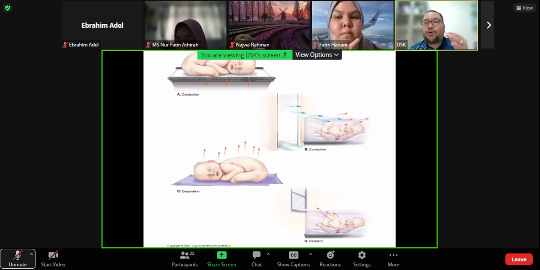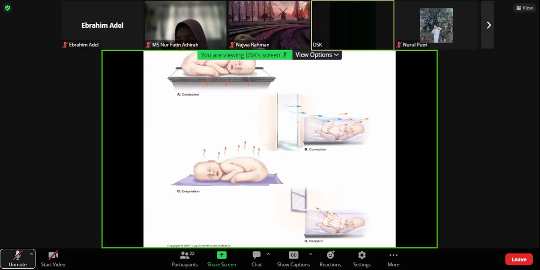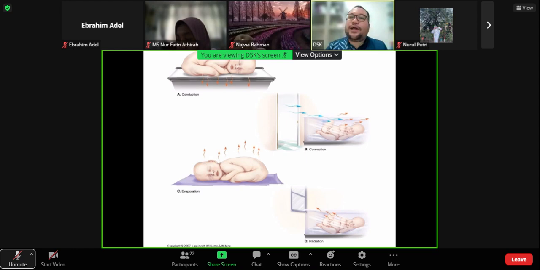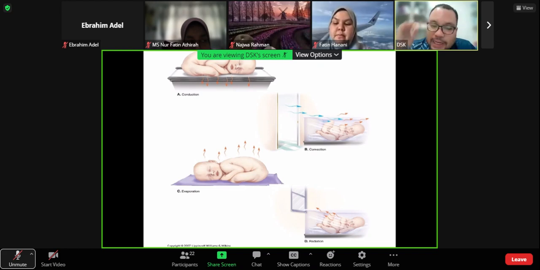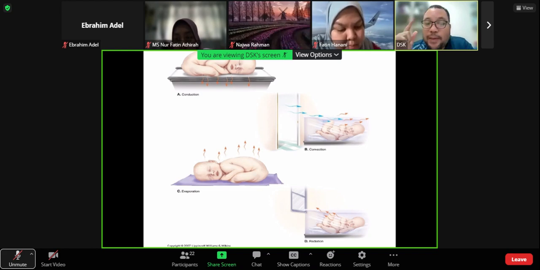Understand? So per kilo, a baby has higher BSA, so they have more BSA for heat transfer as compared to adults. Again, if you look at BSA, obviously children have lower BSA, but per kilo, BSA per kilo is higher in a small child. The smaller the baby, the higher the BSA per kilo. The more premature the baby, the higher the BSA per kilo the baby has.